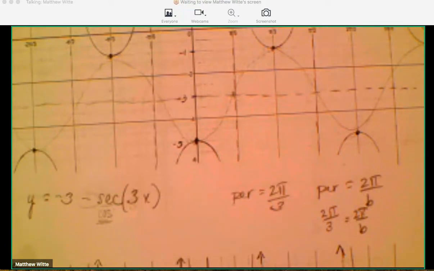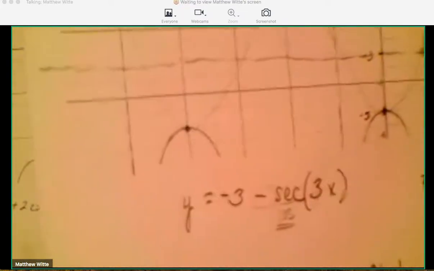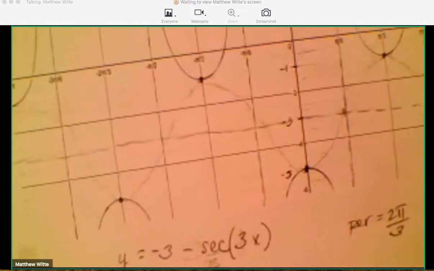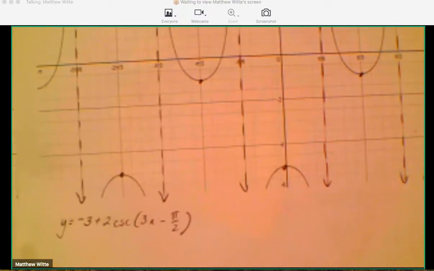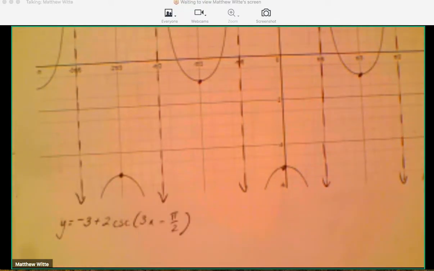How do you know it's secant and not cosecant? It can be either, Lucy. Again, it depends on what you see. When I plugged it into the calculator, I actually did plug it in just to get my quick sketch. This is what I plugged in. This equation right here, -3 plus 2 cosecant of 3x minus pi over 2, will yield you the same exact graph.